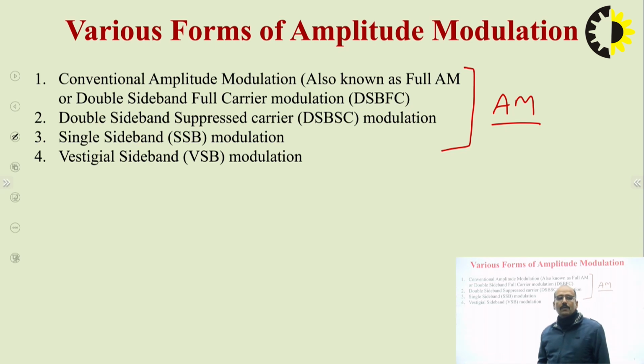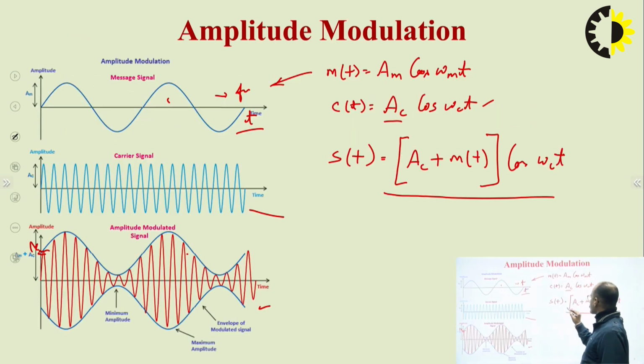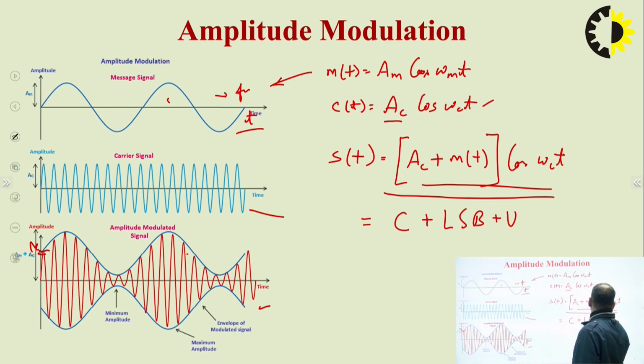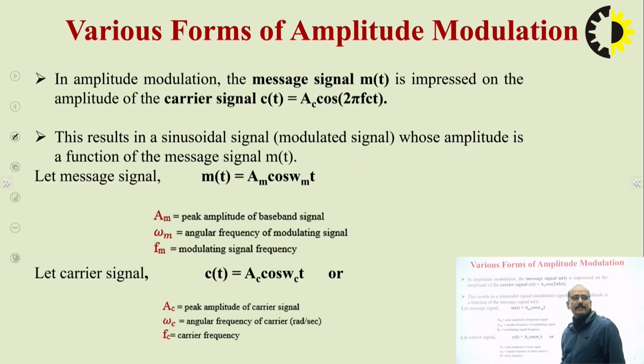Basically, when we create the final equation of this amplitude modulated waveform, you will get 3 parts. Those parts are: one is the carrier, the second one is the lower sideband, the third one is the upper sideband. How are you going to create this? You can see here.